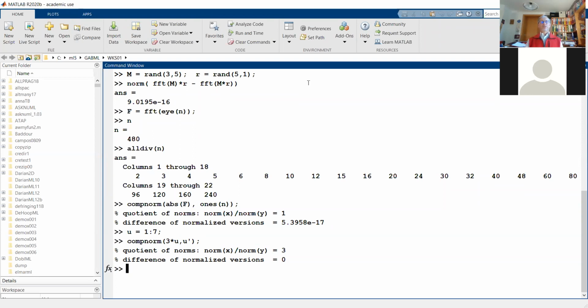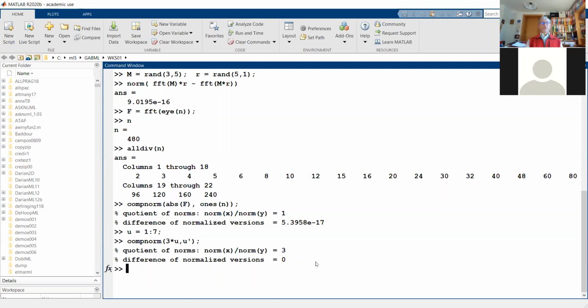Each of these vectors has 7 coordinates, but if I compare them in terms of size, the first one is 3 times as long, and if you take the difference of the normalized version of the first one taken as a column vector and the second one, you will get a difference of 0.